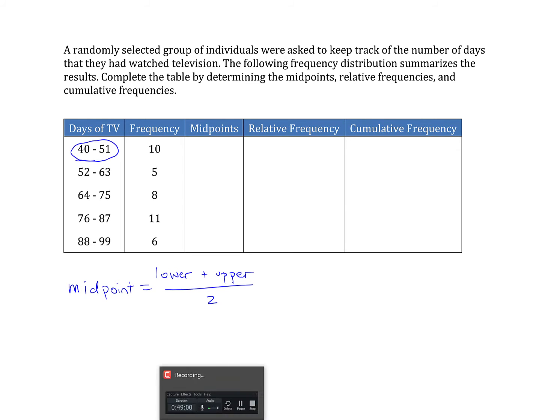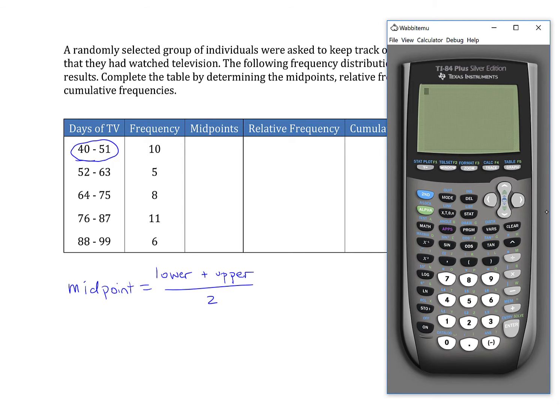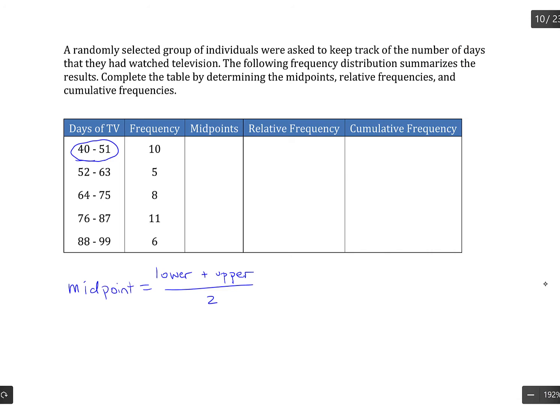To get the midpoint of the first class, let's take the lower class limit plus the upper class limit, and be careful to do this operation first and then divide by 2, so that you don't get an order of operations error. We come up with 45.5, which is right in line with what our estimate was.